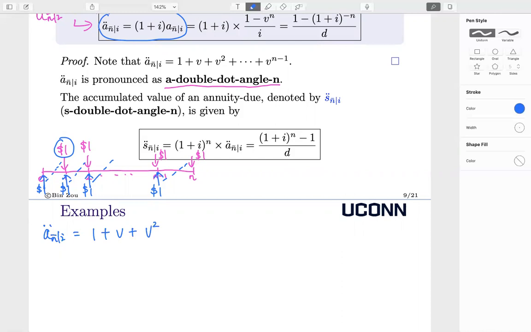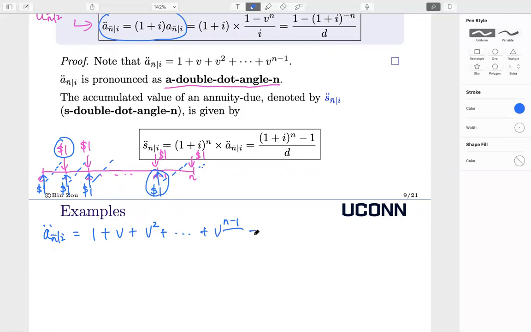Okay, and obviously, this goes on and on. The last one is n minus 1 because, again, it's paid at the end of n minus 1. So when I discount back to time 0, the power goes to n minus 1 instead of n in the pink case, or in the annuity-immediate case, right?